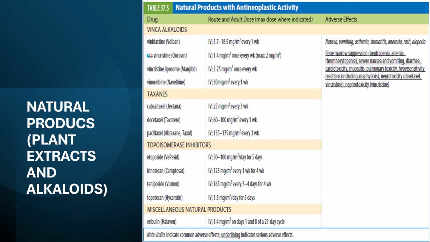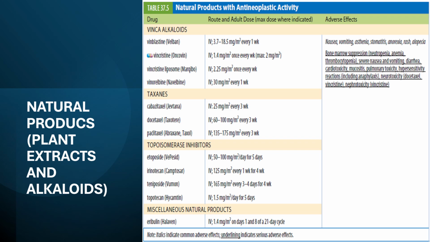Agents with anti-neoplastic activity have been isolated from a number of plants, including the common periwinkle, Pacific yew, mandrake, and the shrub Camptotheca acuminata. Although structurally very different, medications in this class have the common ability to affect cell division. Thus, some of them are called mitotic inhibitors.